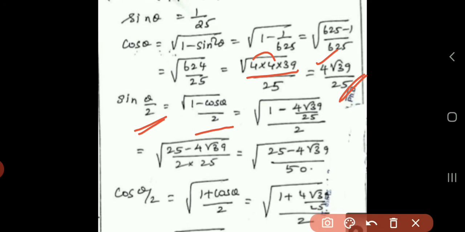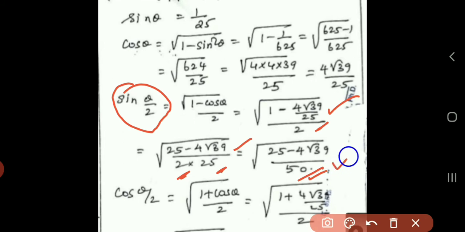So here I can substitute the value of cos theta. Just now we found the value of cos theta. So substitute here (1 minus 4 root 39 by 25) whole divided by 2. And then take LCM for this.